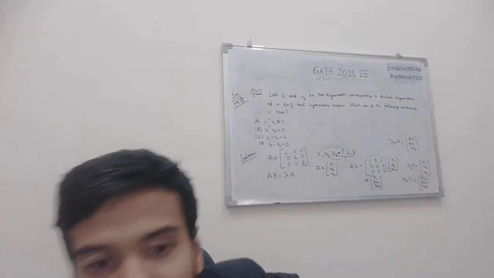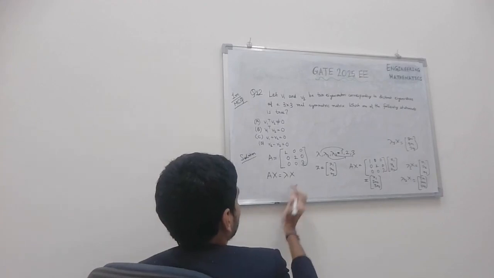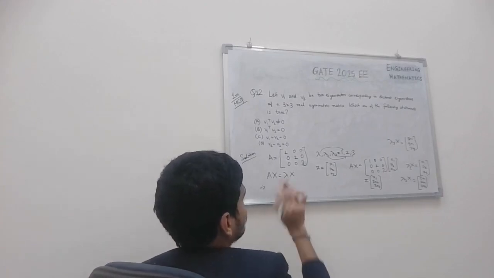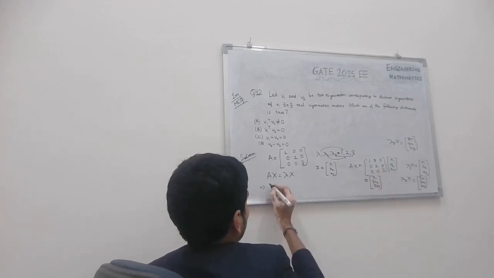Now, if you put A x equal to lambda x, let's put lambda 1 first, which is 1.